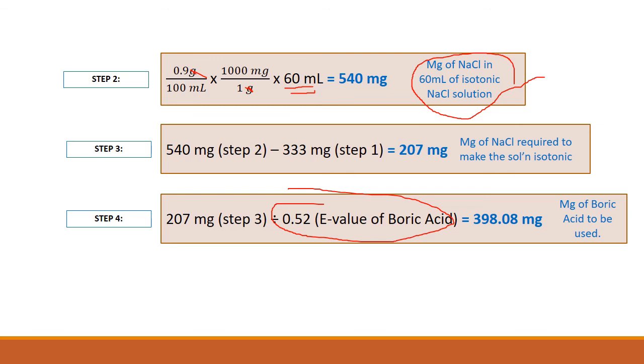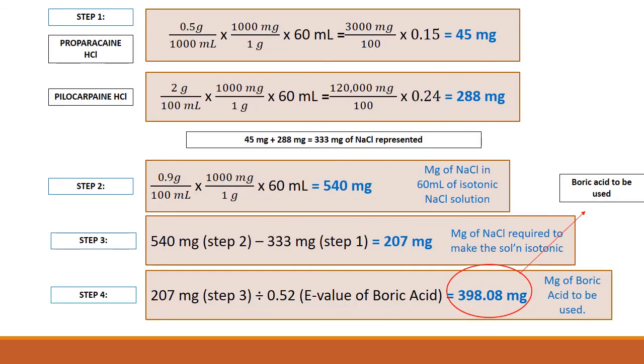So this is the summary. So you have here from your problem, how many milligrams of boric acid should be used in compounding the following prescription. So you are given the ingredients to make a milligram of boric acid. Okay, so step 1, you have to calculate the amount of sodium chloride represented by each ingredient.